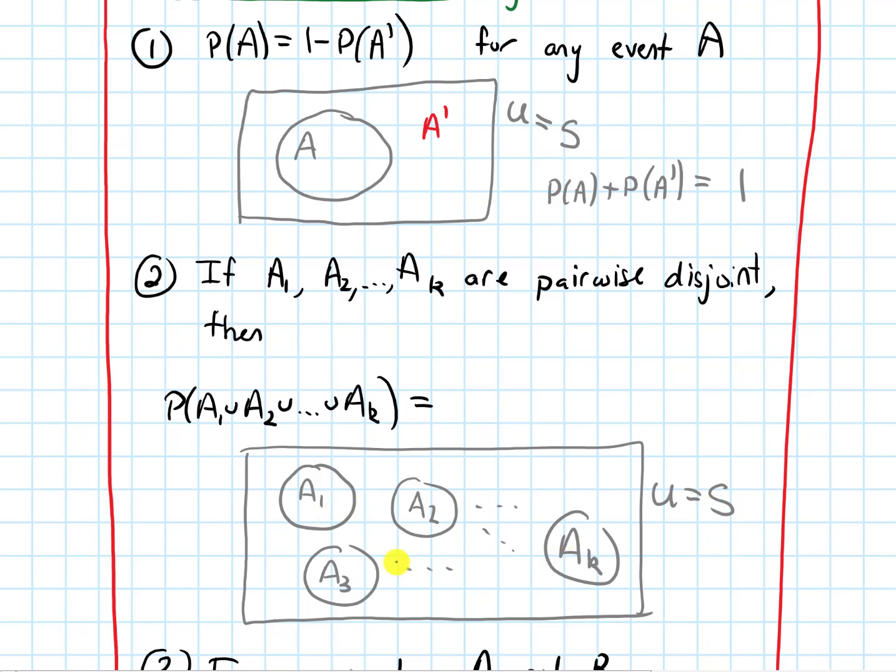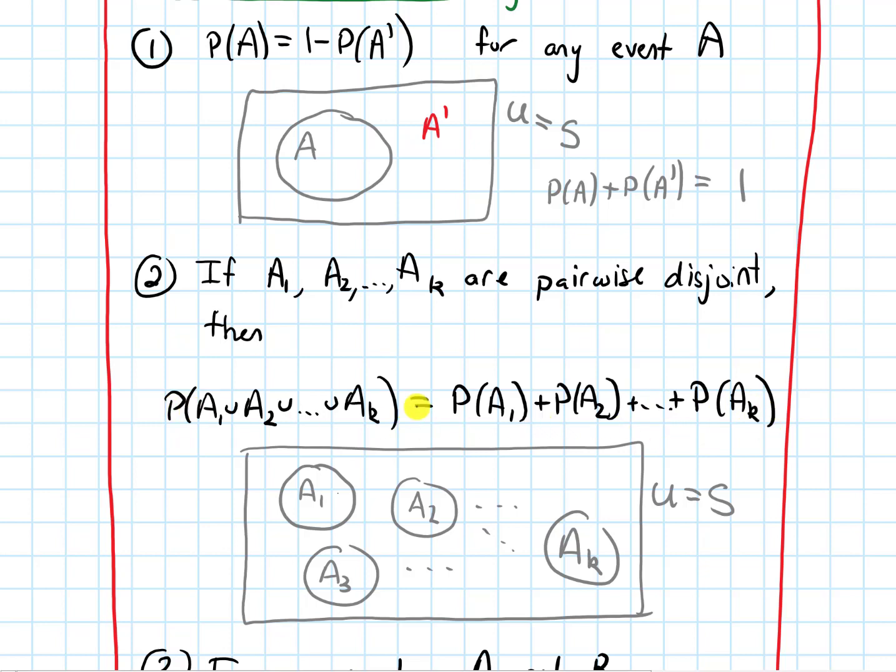And we can see from this picture that, conceptually, if we wanted the probability of the union of all these sets, and they're pairwise disjoint, the circles don't overlap with each other, then the probability of that union is just going to be each of these probabilities added up. So the probability of A1 plus the probability of A2 plus and so on, plus the probability of the last set, AK.